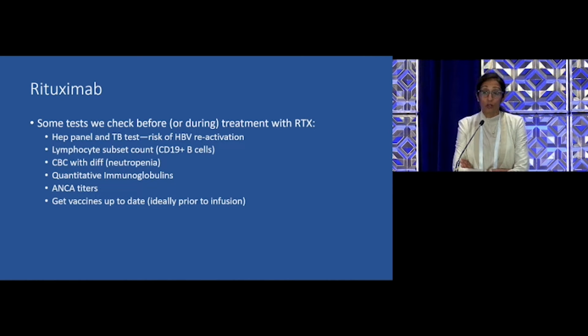And then with rituximab, as much as possible, if you have the option to get vaccinations before the infusion, you should do that. That's because, like I mentioned, the rituximab is shutting down the B cells, and that's part of what helps you create an antibody response when you get a vaccine.